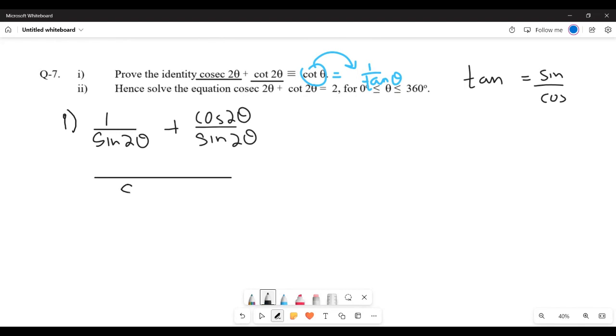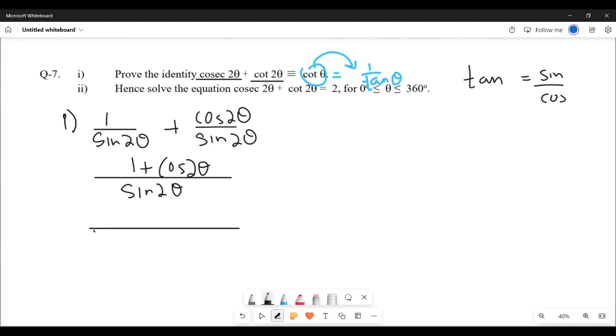Sine 2 theta upon 1 plus cos 2 theta. And let's expand it. Sine 2 theta is 2 sine theta cos theta.